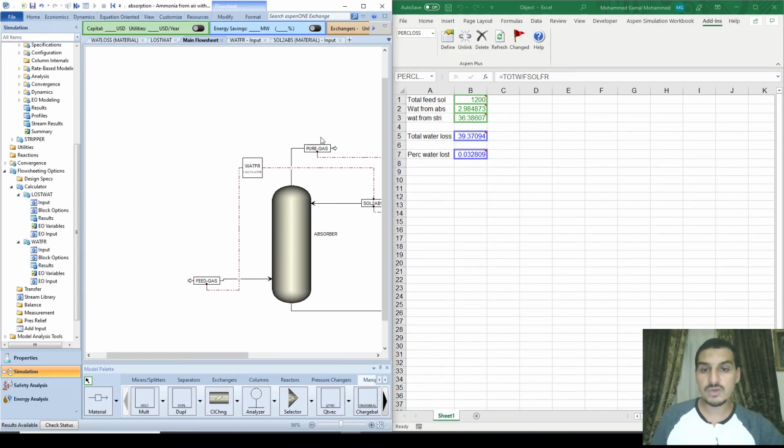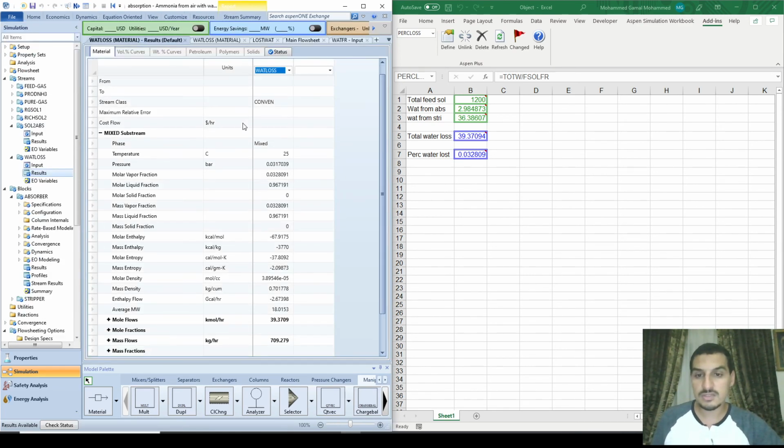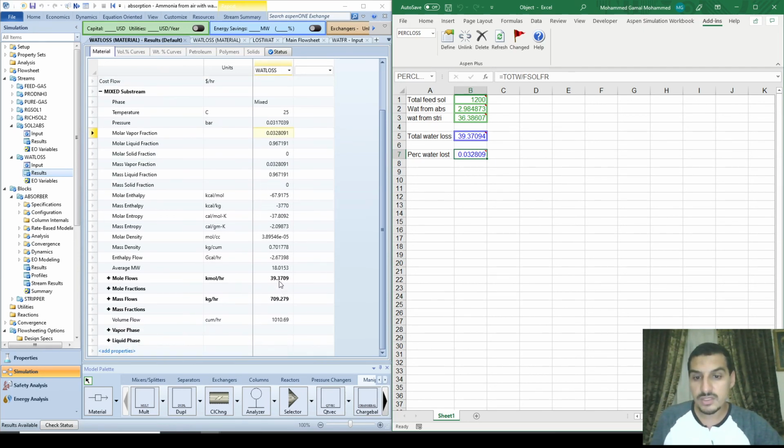Again, if you want to check it just for the sake of making sure that everything is fine and there is no problem, you can see the results of this stream, and this number is exactly the same, 0.032809, and the flow rate is 39.37, which is this number. So it's working fine, it's working nicely.